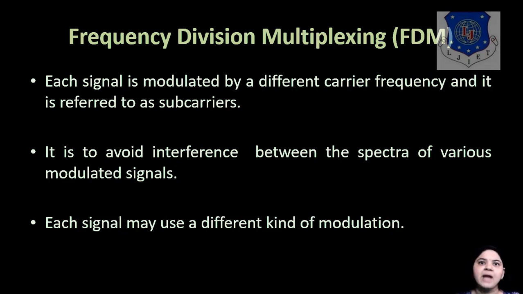So in the whole band, different frequency groups are modulated with different carrier frequencies. Why is the subcarrier used? It is used to avoid interference between the spectra of the various modulated signals, and this may use various kinds of modulation.